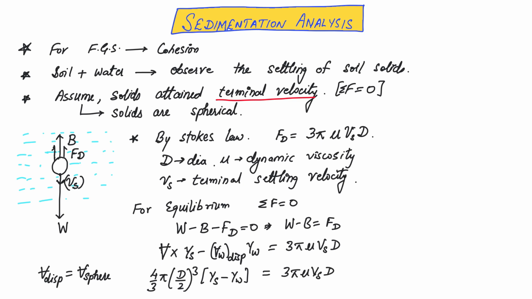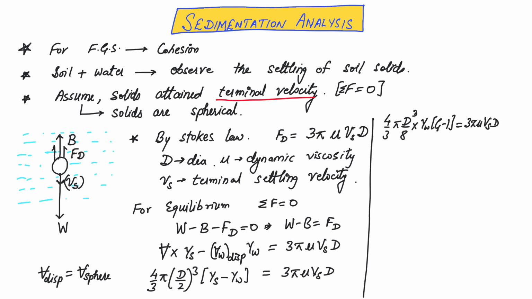Now please understand that the left hand side is equal to 4/3 π (d³/8) into γw, which you can take common, into (G − 1) as the bracket term, whereas the right side is 3πμVs·d.